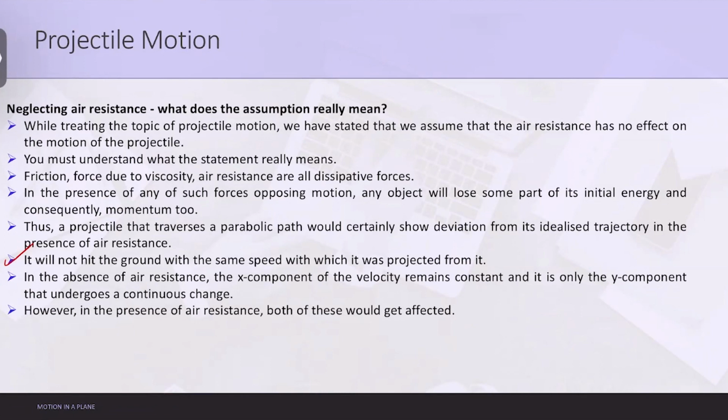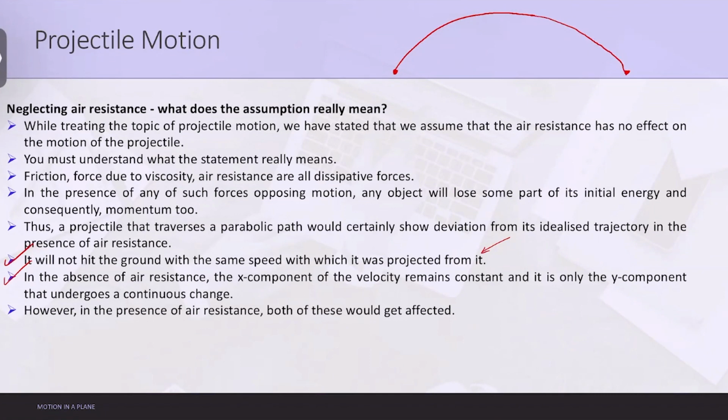In the absence of air resistance, the x component of the velocity remains constant. When no resistance is acting, the velocity with which it was projected is the same when it reaches this position on the ground.